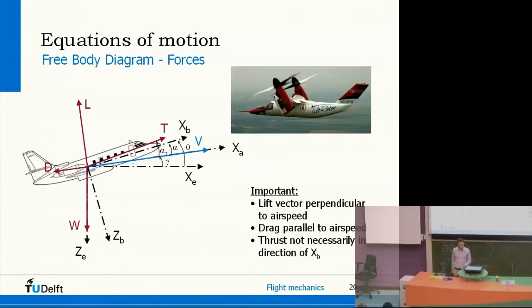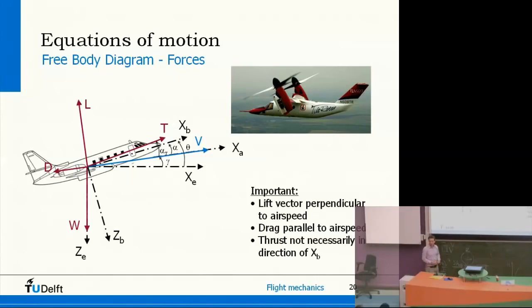Just to give you a simple example, I don't know if you know this aircraft, but this is a tilt rotor aircraft, so it's kind of a mix between a helicopter and a propeller aircraft. These big rotors can point upwards and forwards. So you can see straight away that in this case, the thrust vector may be in a completely different direction than the airspeed vector.